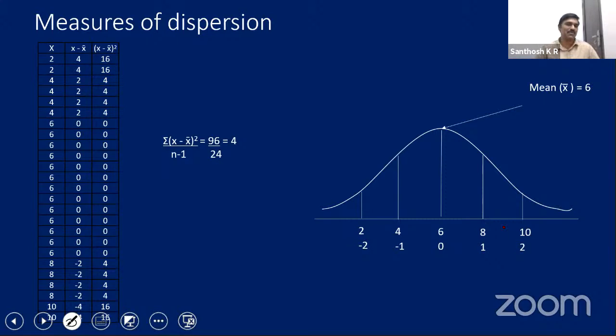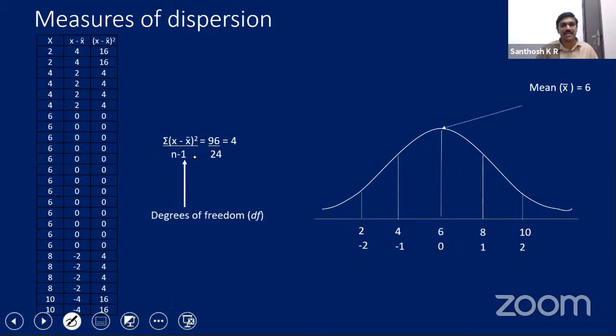This is what somebody found out. And this gave them a lot of freedom. And because of that, they called this particular notation degrees of freedom. This is just a story. It is not actually like this. I'm just telling it because we can remember it easily in that way. So they called it degrees of freedom.